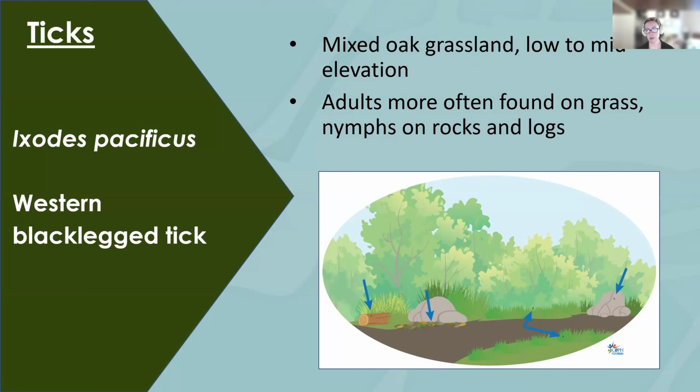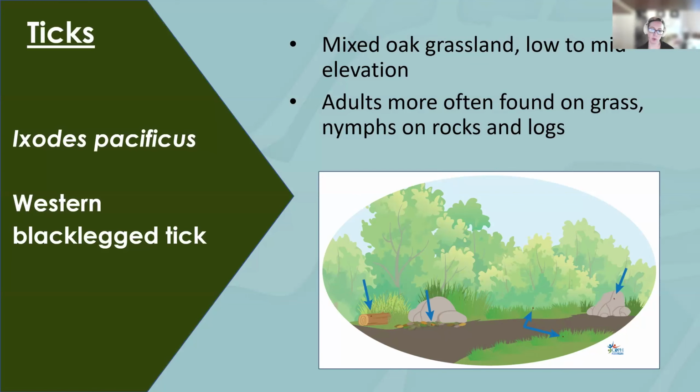Adult ticks are most often found on grass or low vegetation, whereas the younger stages, the nymphs and larvae, are most often found on rocks, logs, and leaf litter. This is sort of a newer finding and a newer public health message that we're trying to get out to the public: be careful when you're hiking, when you sit down on a rock or a log, because that is exactly where these nymphal ticks are located.